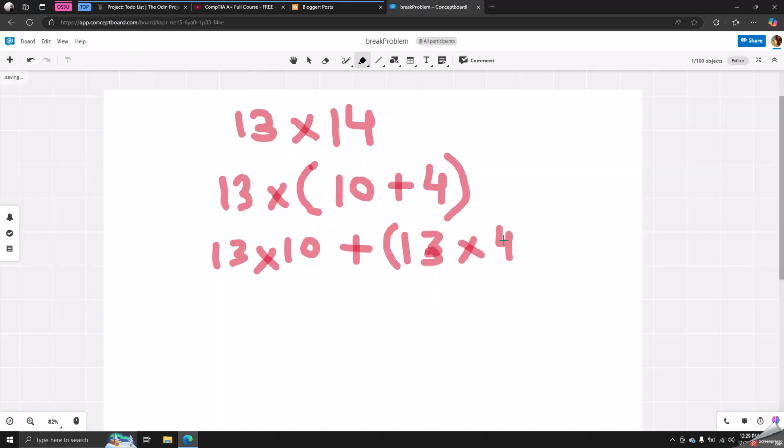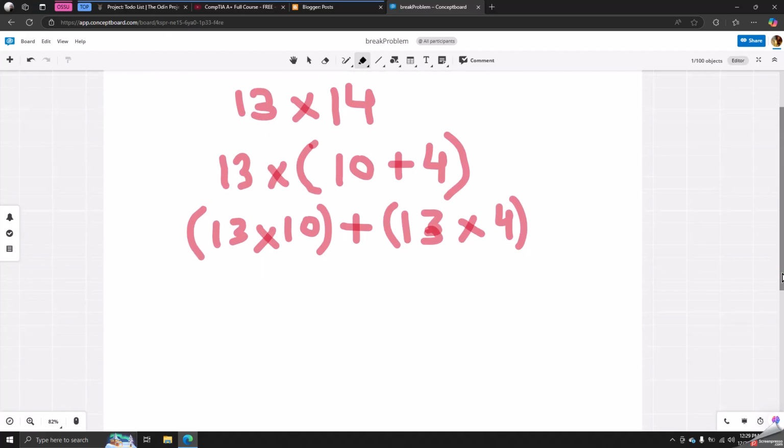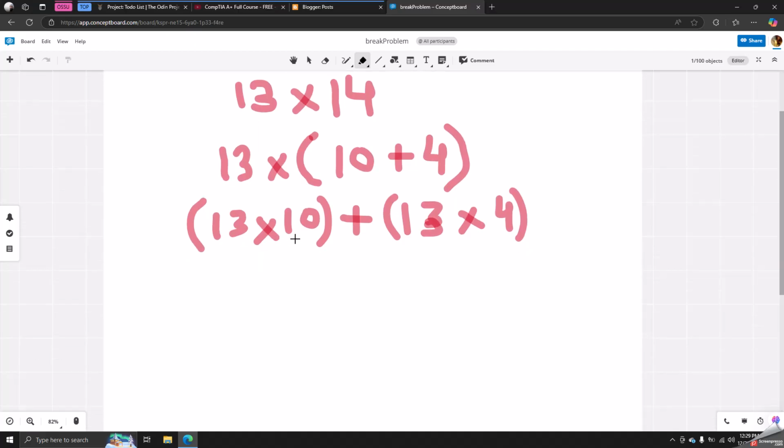So now I need to solve these two expressions. So 13 times 10 is, of course, something we can solve. So 13 times 10 is 130, right? This is actually now solvable.